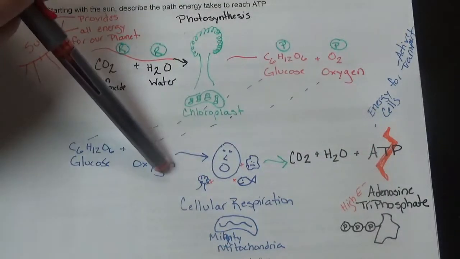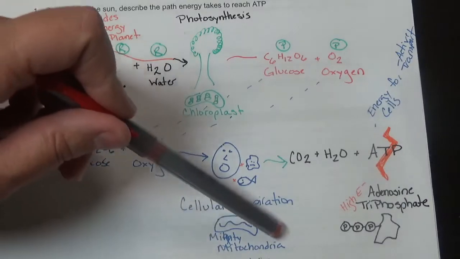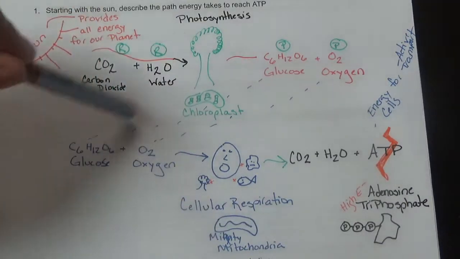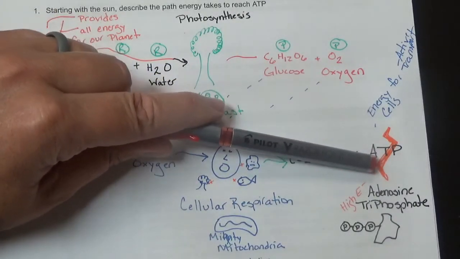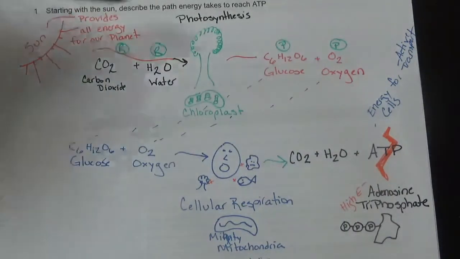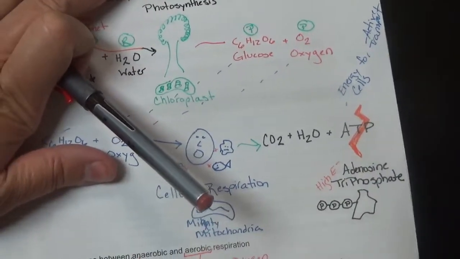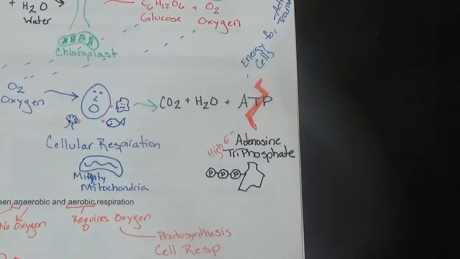So the glucose and the oxygen go into the mighty mitochondria, which converts that glucose into carbon dioxide, water, and ATP. So that's how the energy is converted from the sun to ATP, the form of energy that our cells need to do their active jobs.